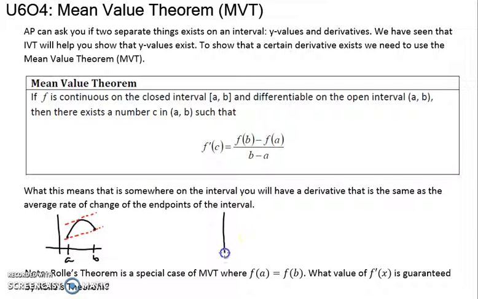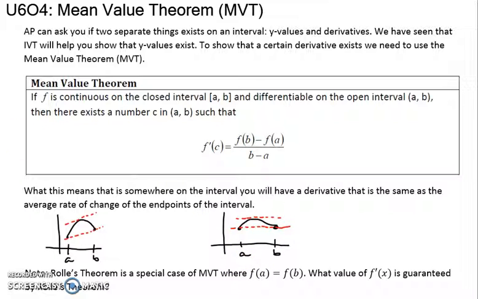Well, if we look at a picture, if this is a and this is b, and we're saying f of a, so the y value at a, has to equal the y value at b, and let's just connect it with a function that looks like that. We're saying that the average rate of change between them has to be the same somewhere on the function.